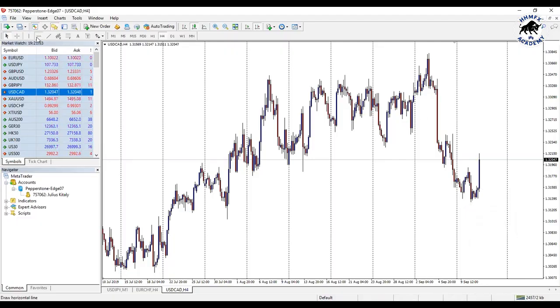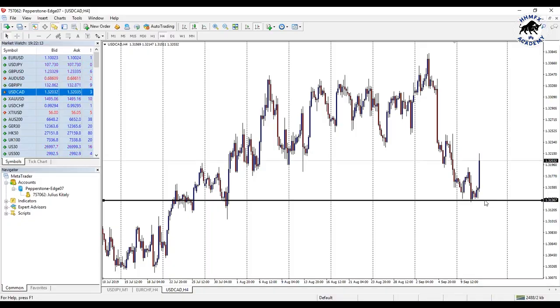So if you want to draw support, you just draw it right there, guys. Remember, support or resistance is not a point, it's just an area. So don't concentrate on being too precise, like drawing a line just at the point.